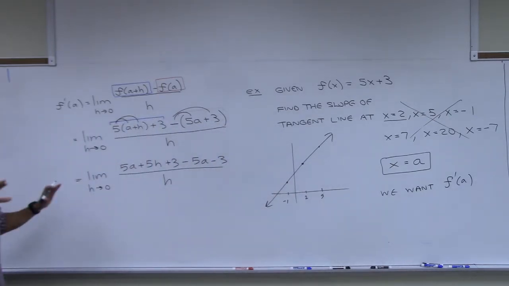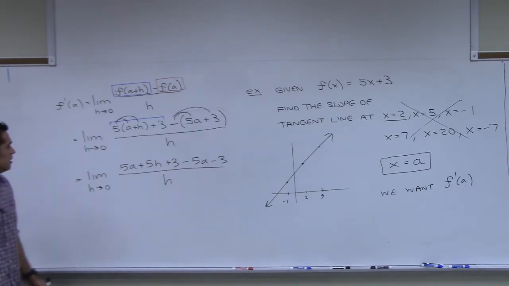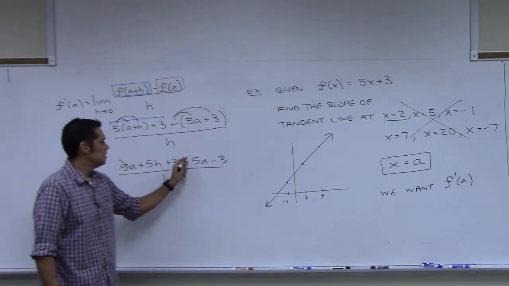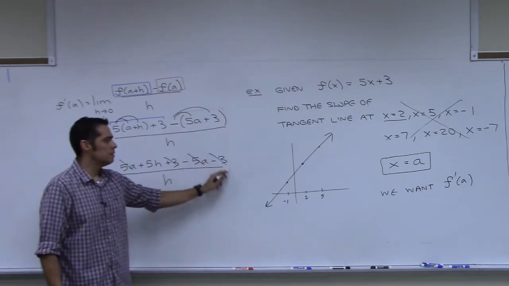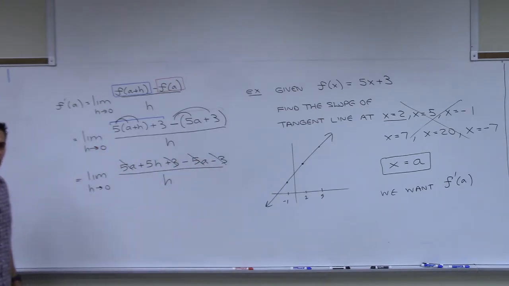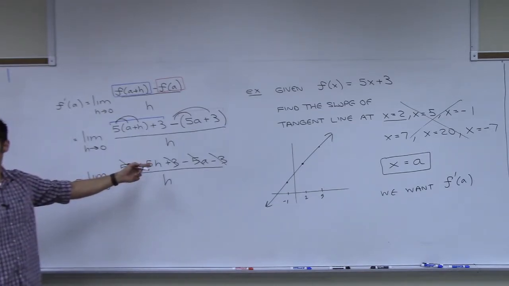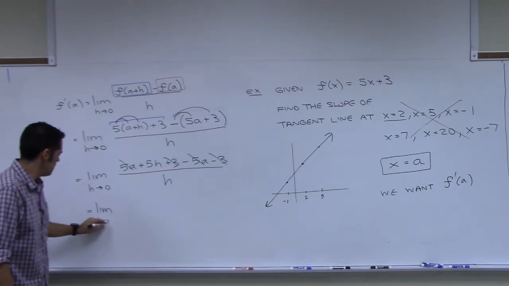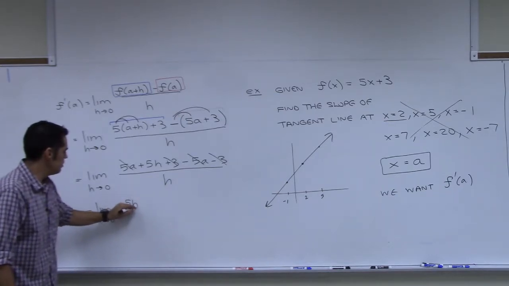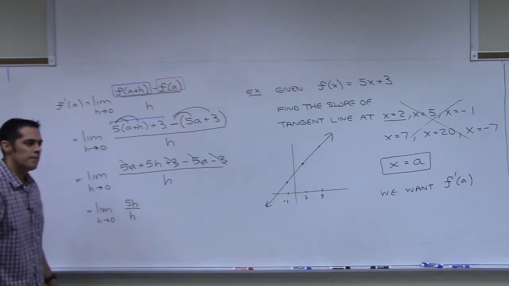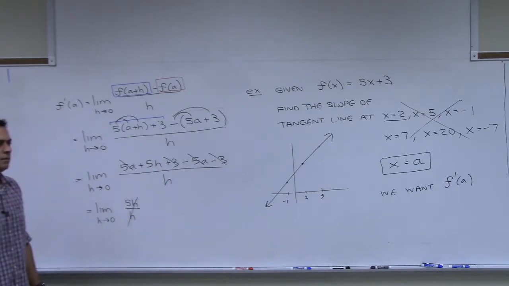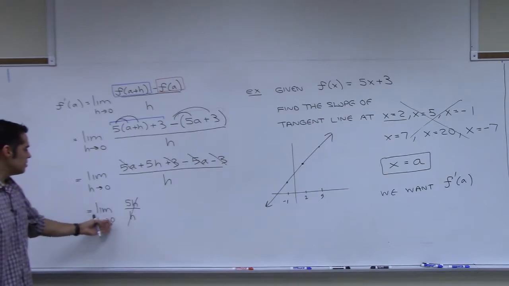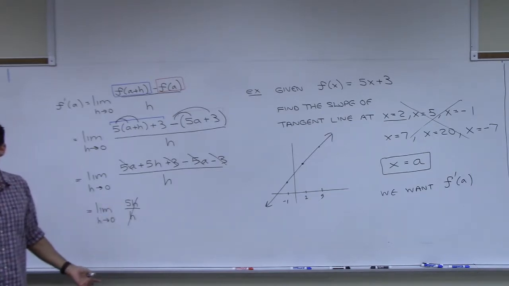And everything that's left, when it's done cleaning up, should have at least one h in it. Everything behaves very well here, right? And all that's left is 5h over h. And then the h's cancel. And the limit as h goes to 0 of 5 is just 5 again.